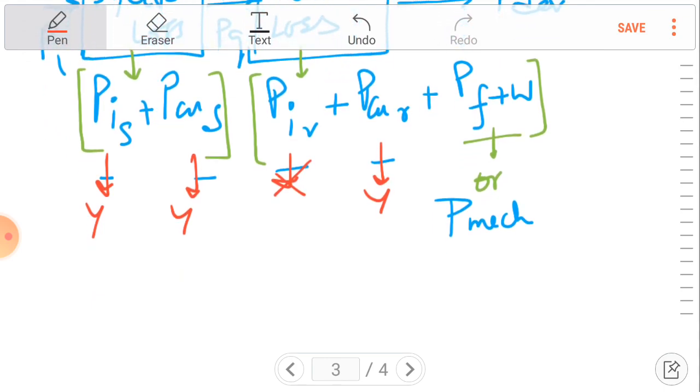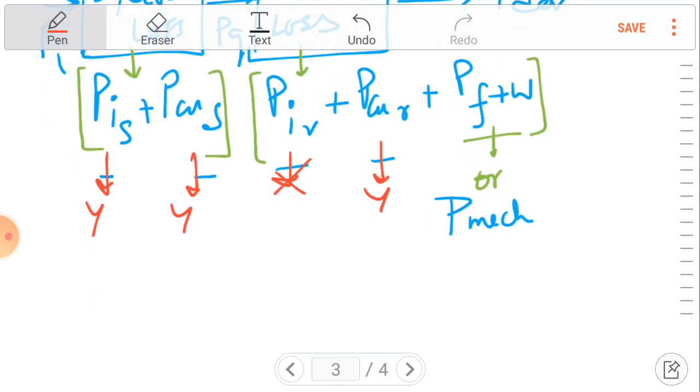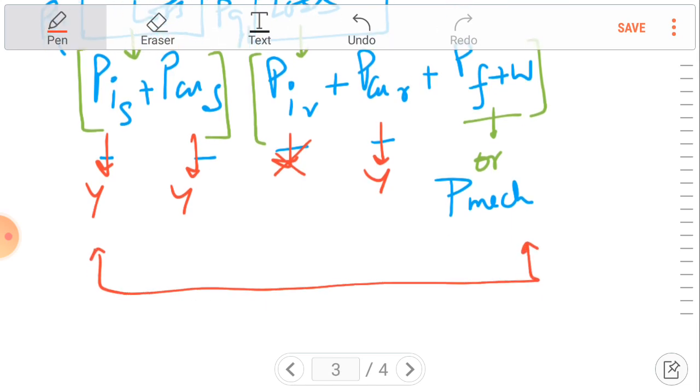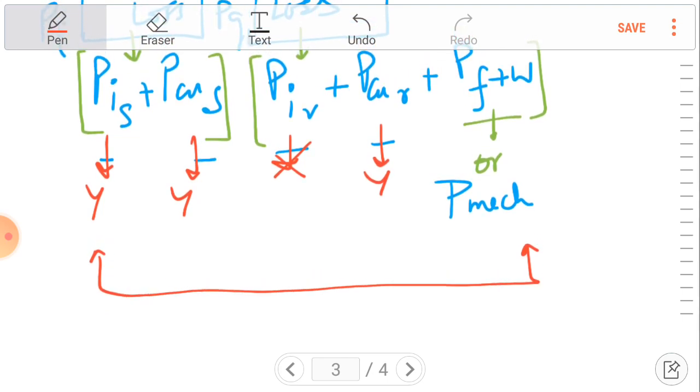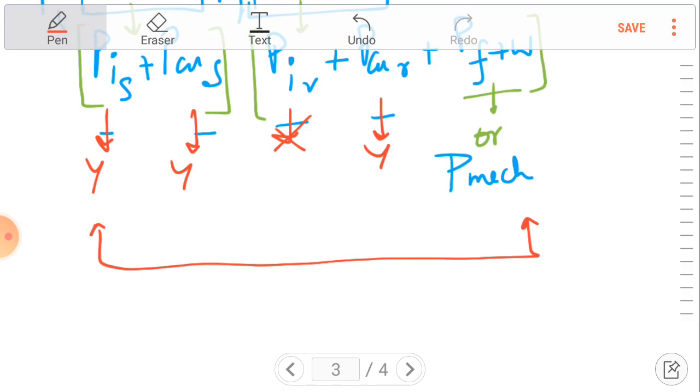And what is no load loss? At no load condition, the copper losses are negligible, so only two losses will be considered: friction plus windage, or mechanical loss, and iron loss at stator. This is equal to no load loss, and it is given that mechanical power loss is equal to one third of no load loss.